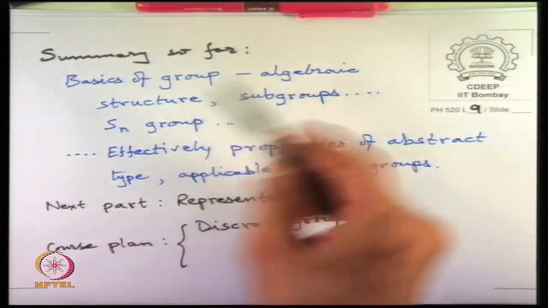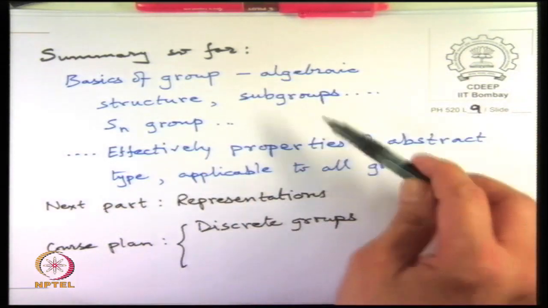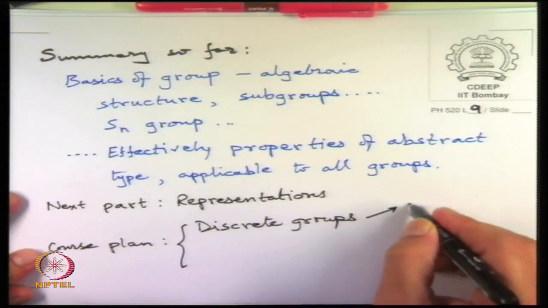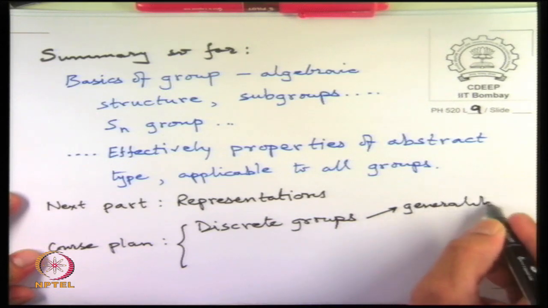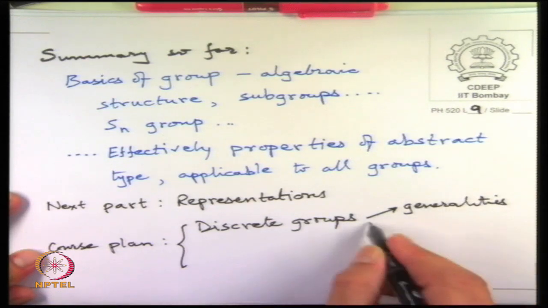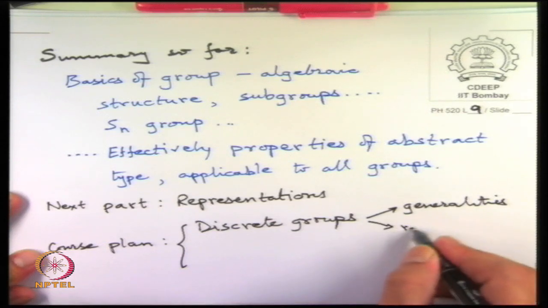So although a lot of the general things said about groups will carry over for the continuous groups, there are some essential differences. So we did the generalities, and then we are going to do representations.